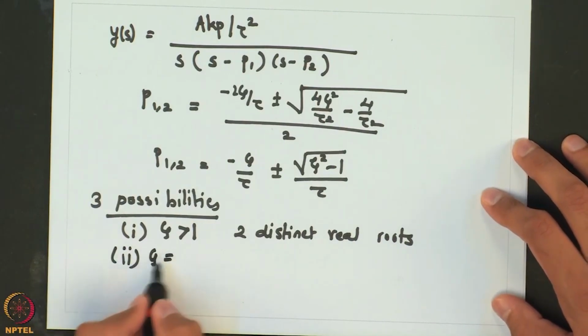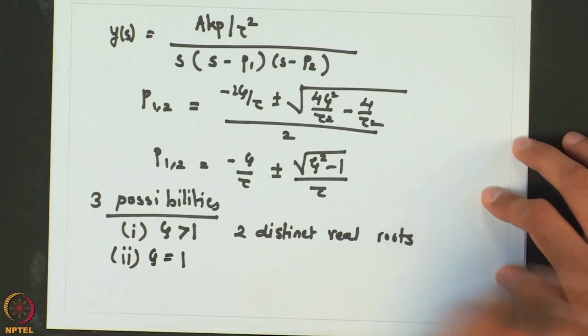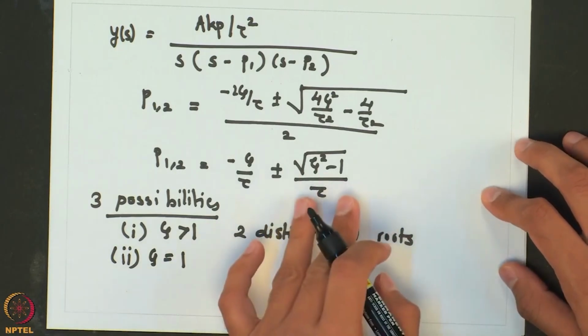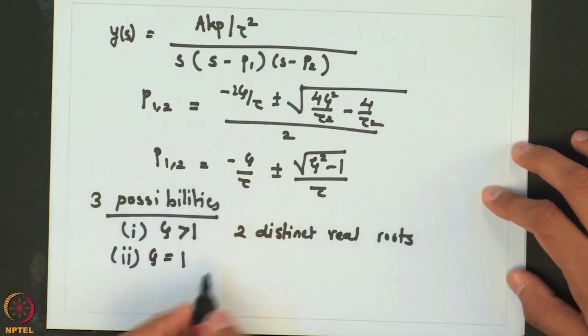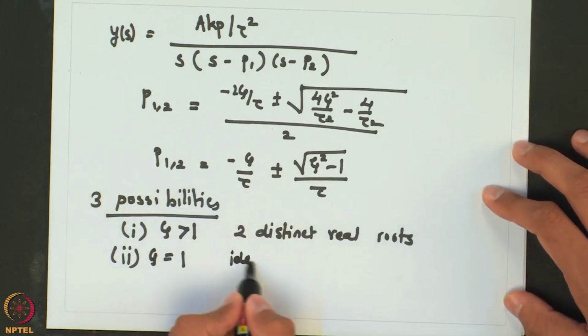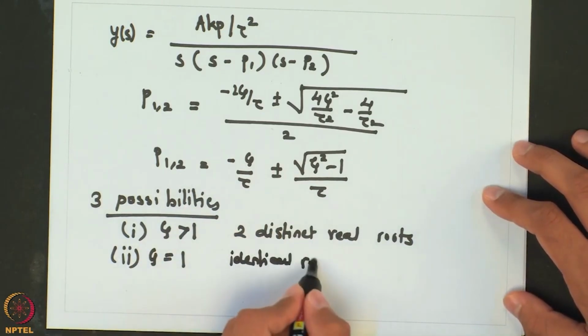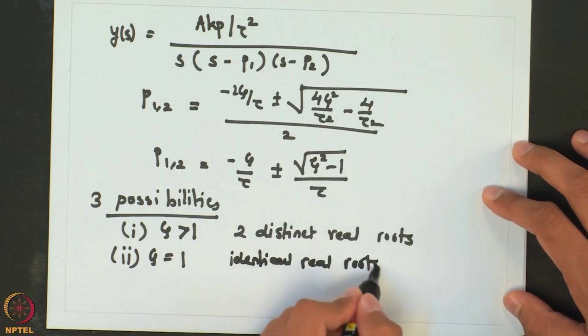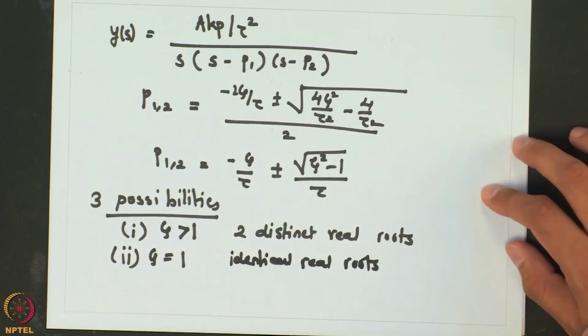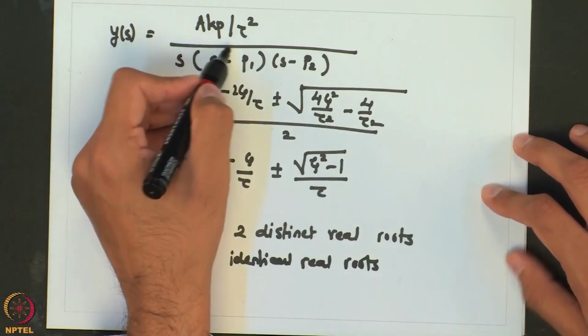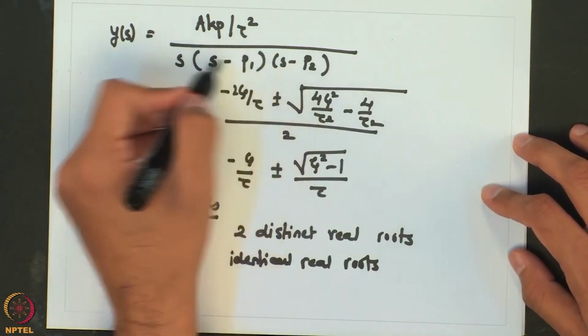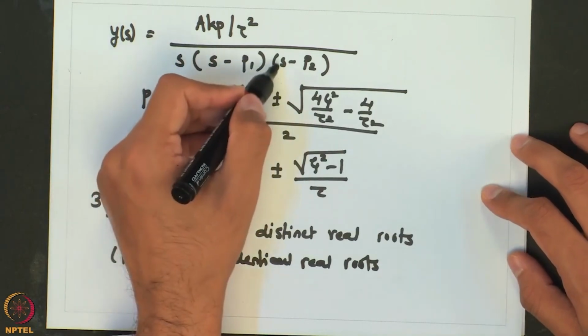When we look at zeta equal to 1, however, in that case this term will go away and both the roots are identical. So in that case we cannot directly write it as A over s plus B over s minus p1 plus C over s minus p2. We will have to use the square term as well.